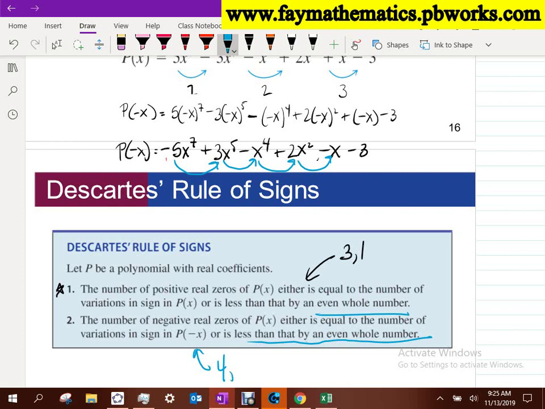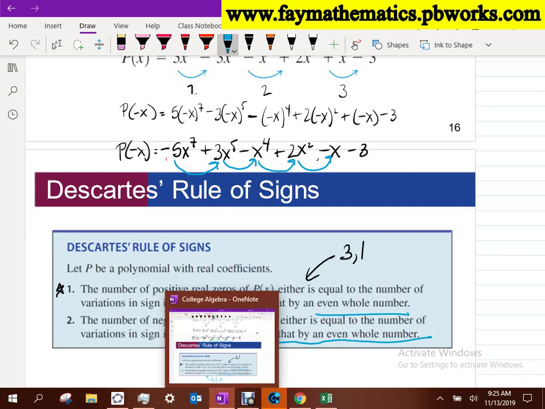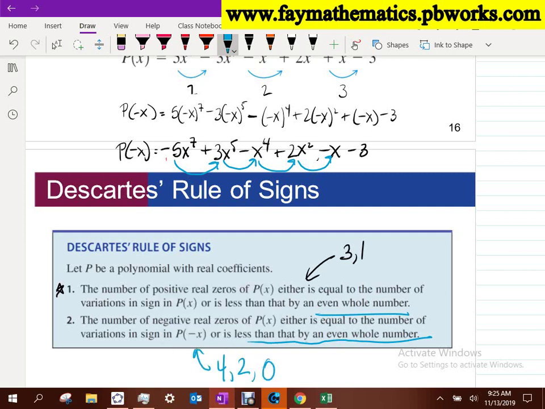So if I subtract 2 from 4, I get 2, right? Well, 2 is not 0 or 1, so I subtract 2 again. 0 is 0 or 1, so I stop. So it means I could have 4 negative real zeros or 2 negative real zeros or none.